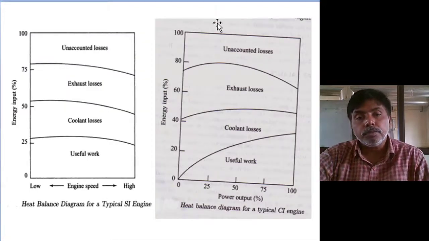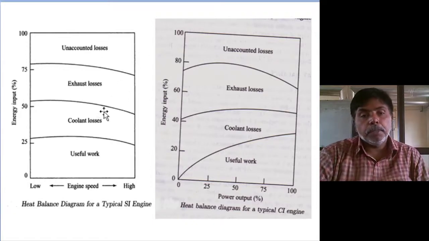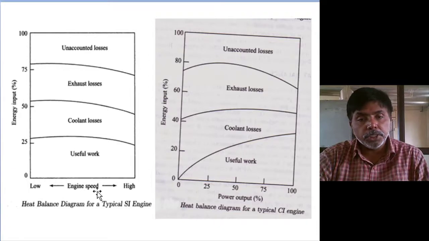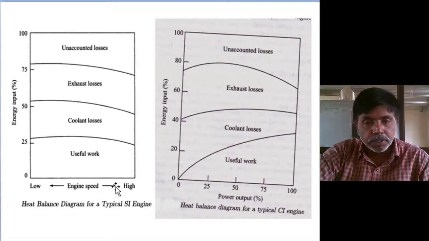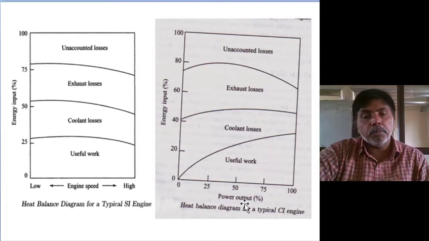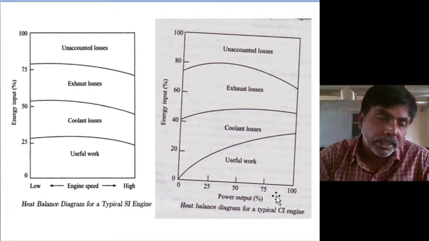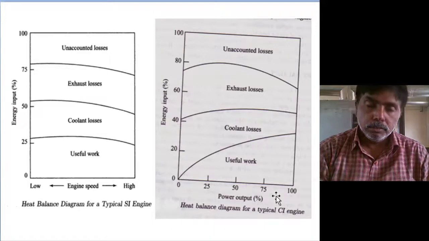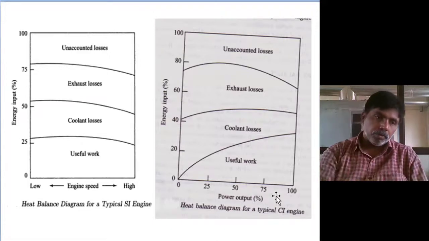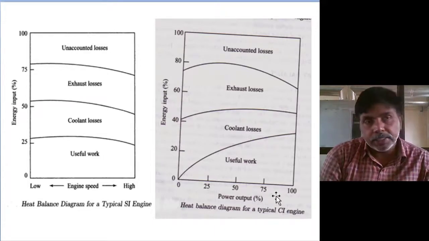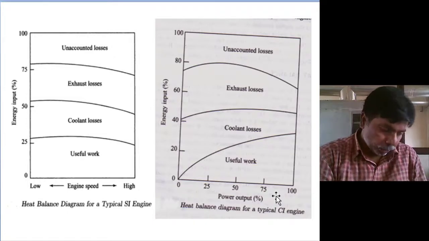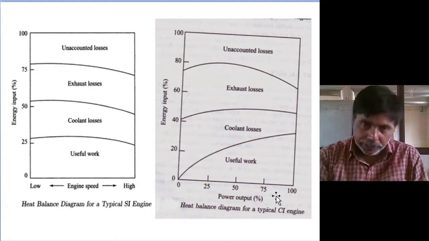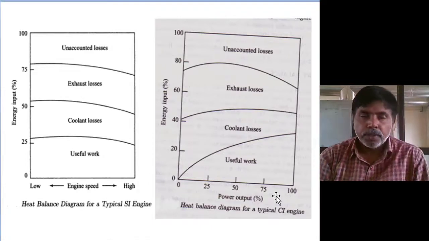Next, come to the representation of that heat balance sheet with respect to engine speed. SI engines we are representing by engine speed. CI engines we are representing by the power output. Why? Because CI engines we can use for power generation, electrical energy generation, for generators, generally low capacity generators, less than 1 megawatt, 2 megawatt, like that.